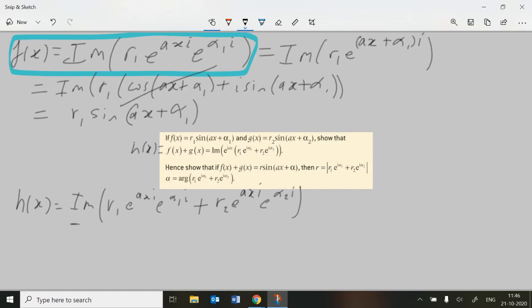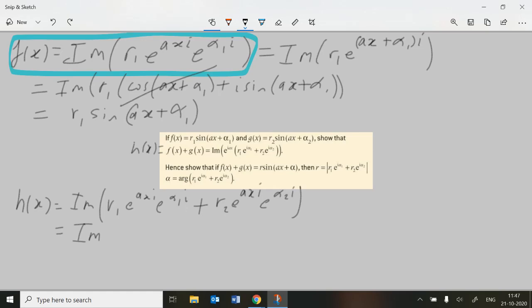Okay, so again, that's just imaginary part of this plus the imaginary part of this, but we can take the imaginary part of the entire thing as well. These are just terms which are added together when you expand this out to r cis theta and r cis theta again. Okay, so then we can do a little working out inside here. So we can say that this is imaginary part of now.